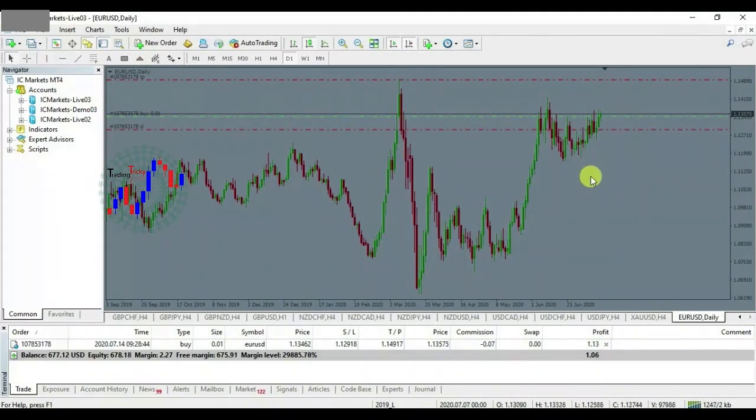Okay, so also in binary trading, the broker will not charge you any commission, but in Forex you can see they will charge commission, and it depends on the broker.